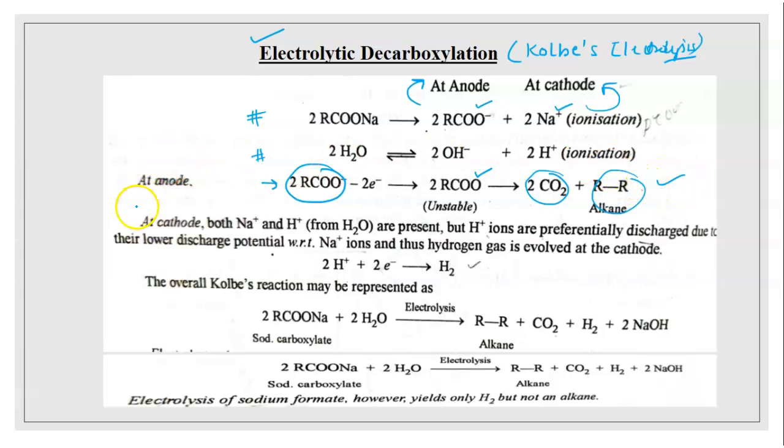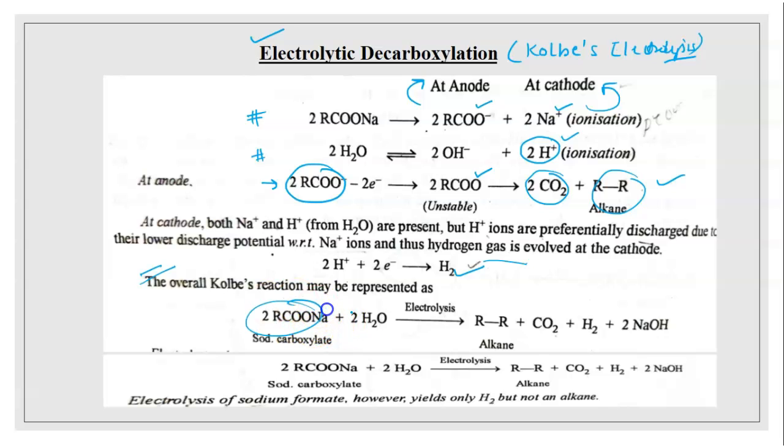Okay, this is happening at your anode, and at cathode what is occurring? Both your sodium plus and your H positive cation from your water, they are present. But see, this H positive are preferentially they are discharged. Why? Because इसका ionization potential आपके सोडियम के कंपैरिजन में कम है, which is why वो preferentially आपका discharge हो जाएगा as hydrogen gas. Okay, so that is one thing. So overall reaction आपके पास क्या बन जाएगी?